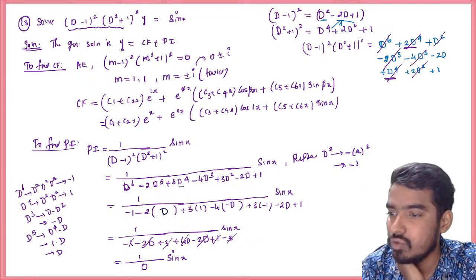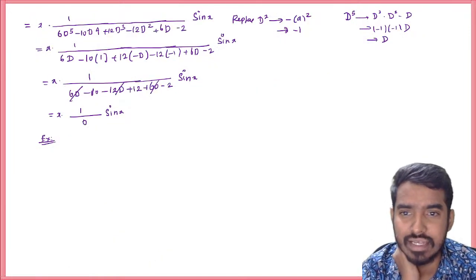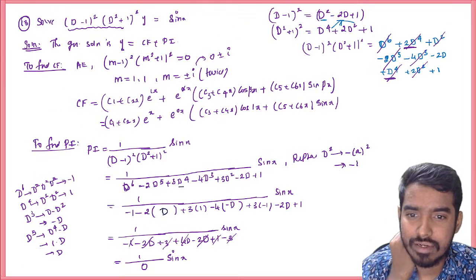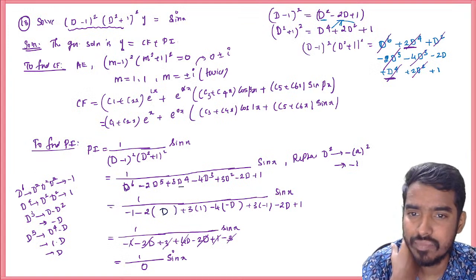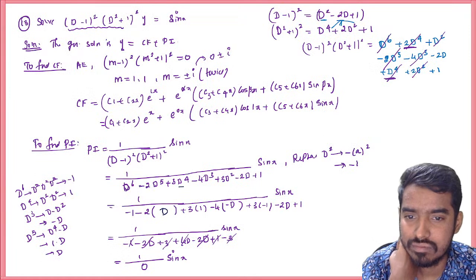We have done the answer to be x by 4 sin x. We are not getting x by 4 as an answer, right? Is there any sign mistake we have made?